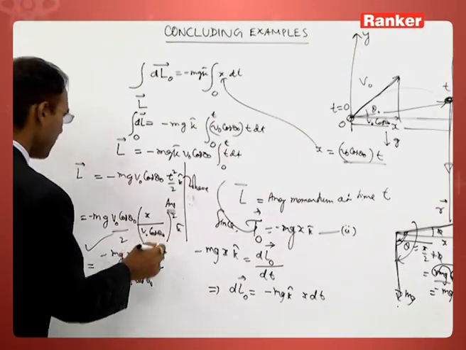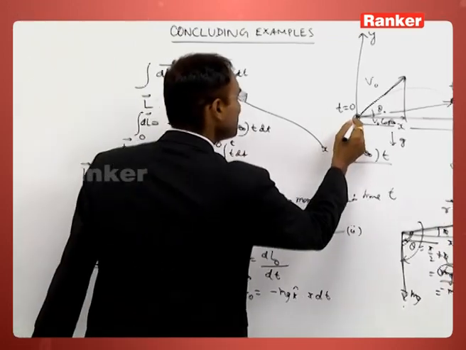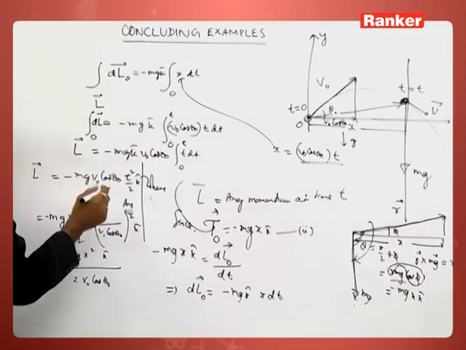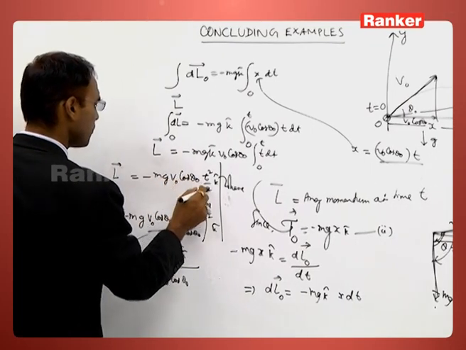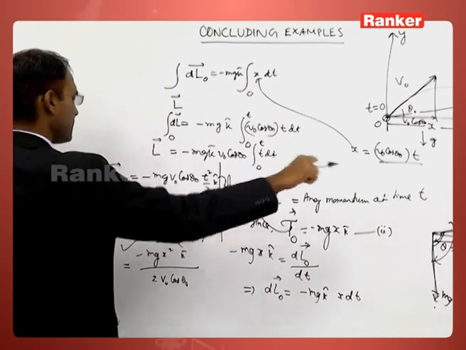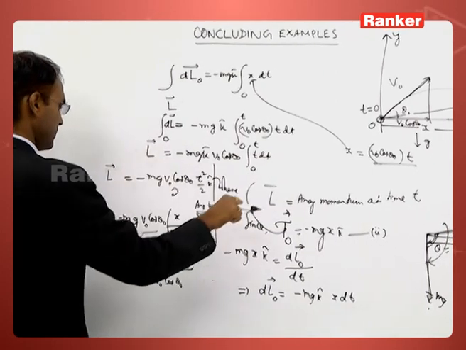So, angular momentum about this point of this particle in terms of t is minus mg v naught cos theta naught t square by 2 in minus k cap direction or clockwise direction.